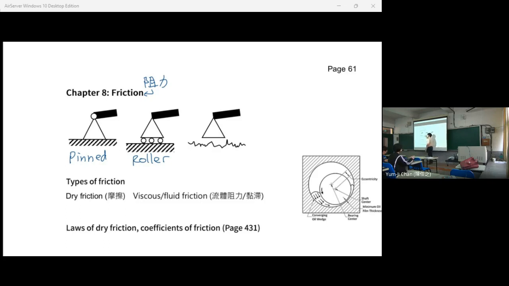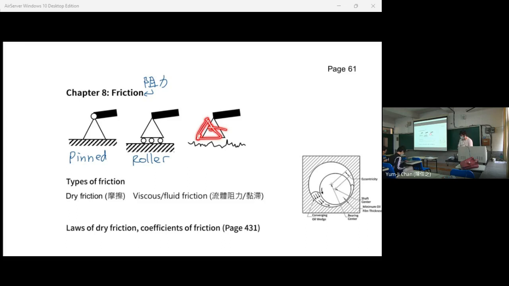we usually do not have rollers. We always have this type of support. That is, if we push it to the left, then it will go to the left a bit, and then it will stop there.